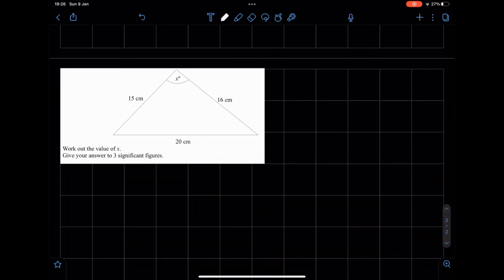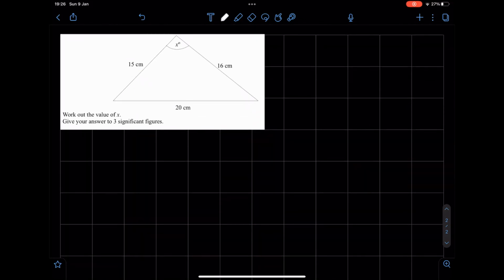So now we've got this, I've got an example question here that we can use to practice. We've got three sides, 15 centimetres, 16 centimetres, and 20 centimetres. We need to find the value of x, and that's the angle opposite the 20 centimetre side, and we need to give the answer to 3 significant figures.